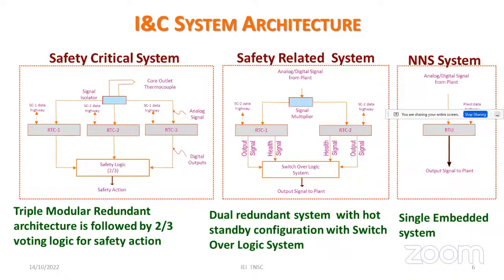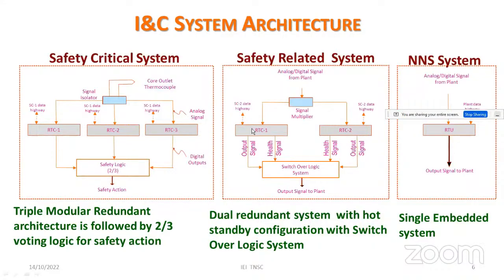For safety critical system, triple modular redundant architecture is followed with 2/3 voting logic for safety actions. For safety related system, dual redundant system with hot standby configuration is used with switchover logic system. Here, two RTC systems will be there, RTC1 and RTC2.